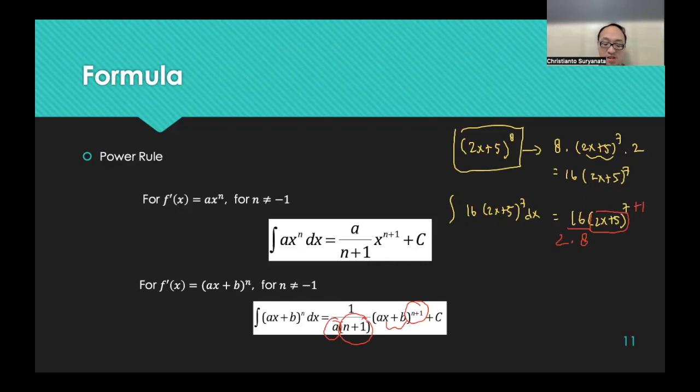So as the result, I will have 1 over 16, (2x plus 5) to the power of 8, plus c. So this is exactly the same.